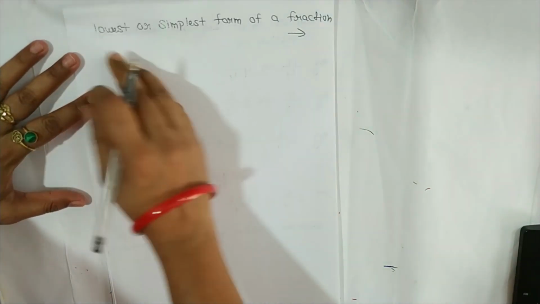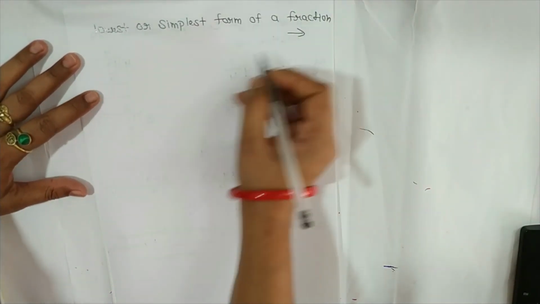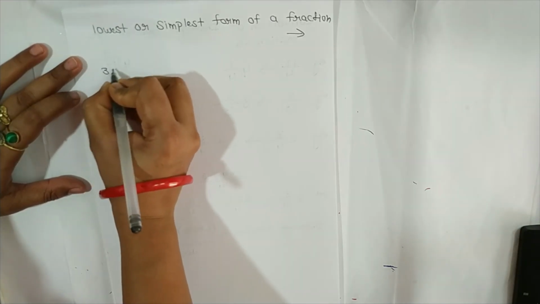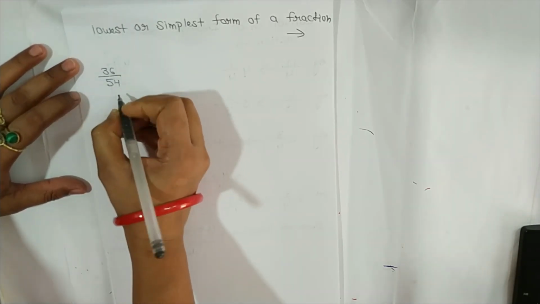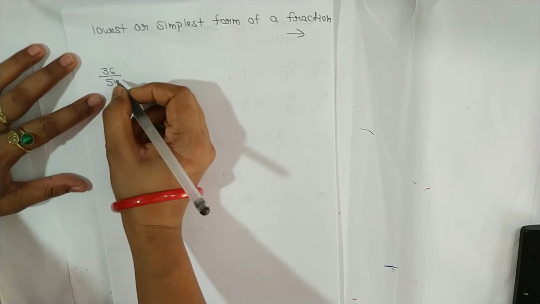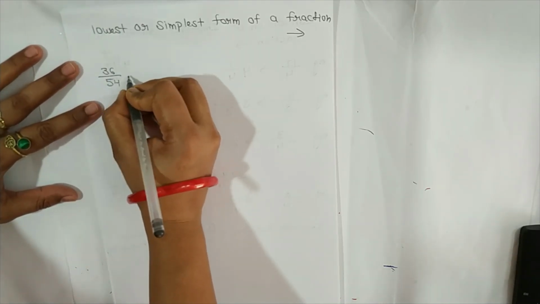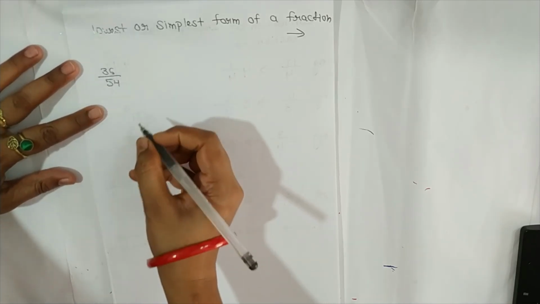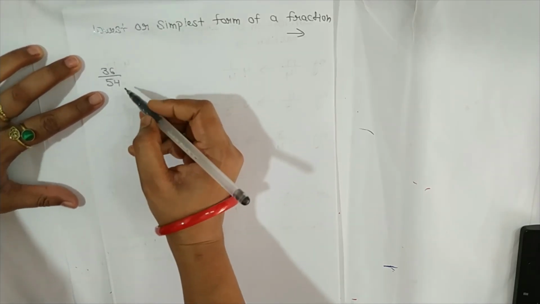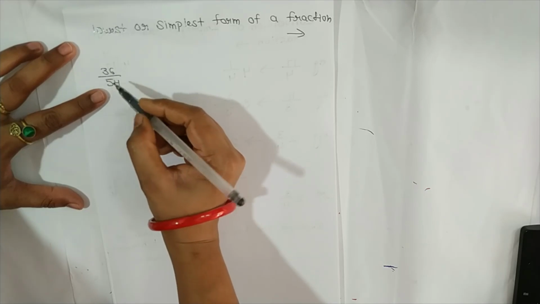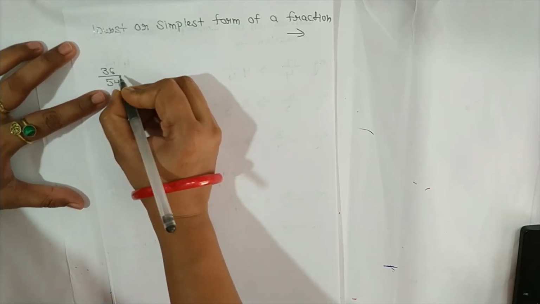Now we will discuss the lowest or simplest form of a fraction. Suppose 36 upon 54. Now we have to reduce it. So first we have to choose the smallest number that divides these two numbers. So we can choose 2.